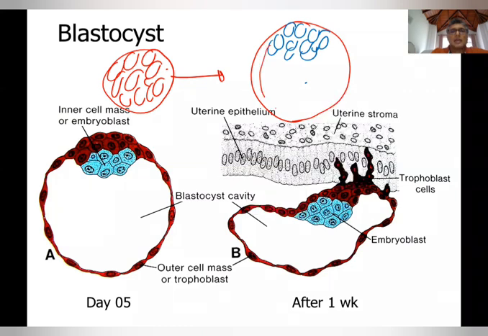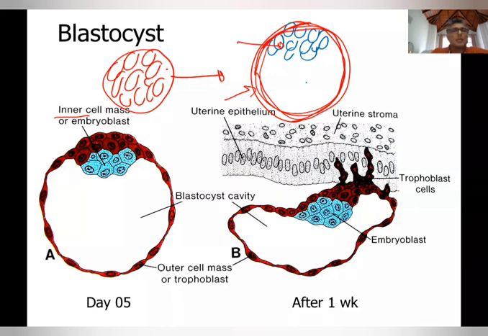So this outer cell layer remains as it is, the red color one. Then you get the inner cell layer inside. So this is called inner cell mass. You can read it here, inner cell mass. And this is called outer cell mass.